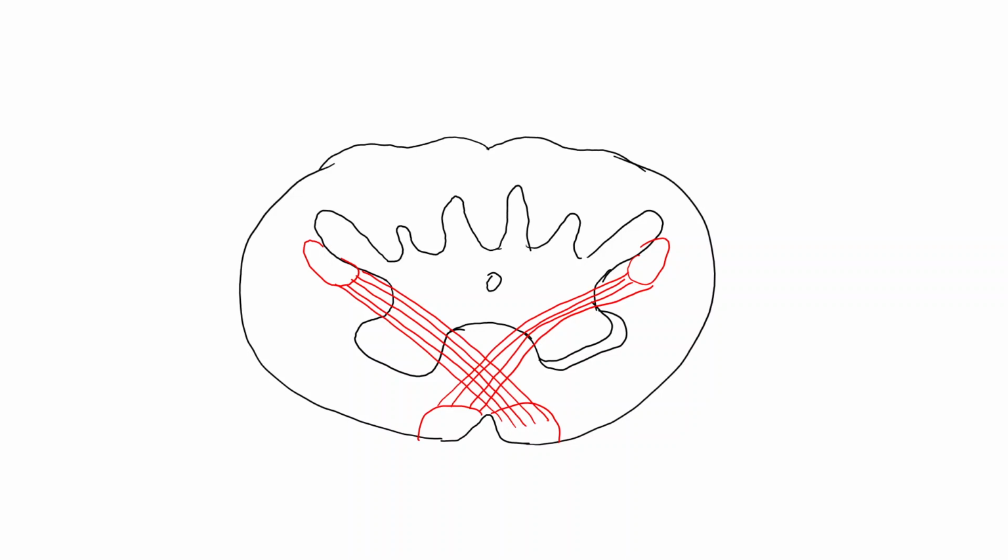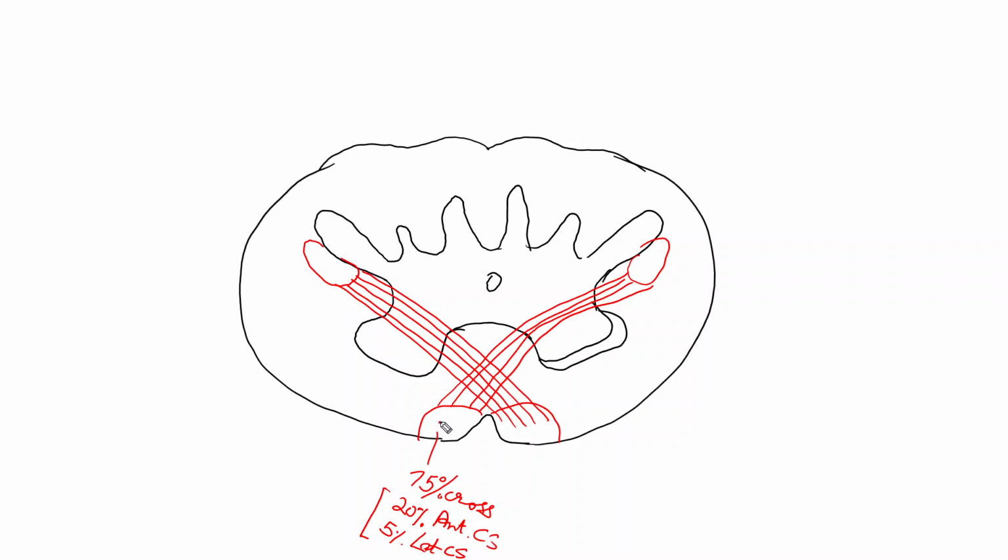Now 75% of the fibers cross to the other side, whereas 20% remain on the same side and continue down as the anterior corticospinal tract, and 5% also remain uncrossed, but they continue along with the lateral corticospinal tract of the same side.